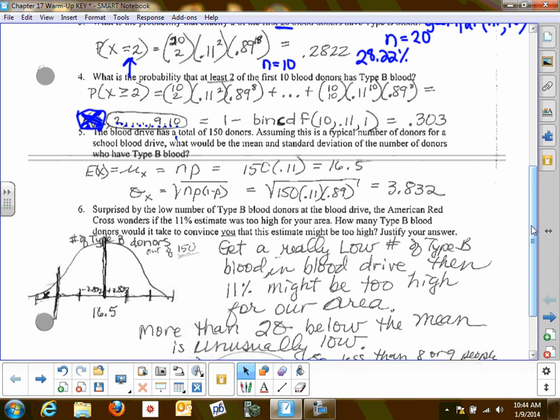If the calculator is accumulating this section that you do not want, that's when you do 1 minus. So here I'm doing the 1 minus the binomial CDF up to and including 1. So I'm taking off the 0 and the 1 so that I get 2 up to 10 is what's left.